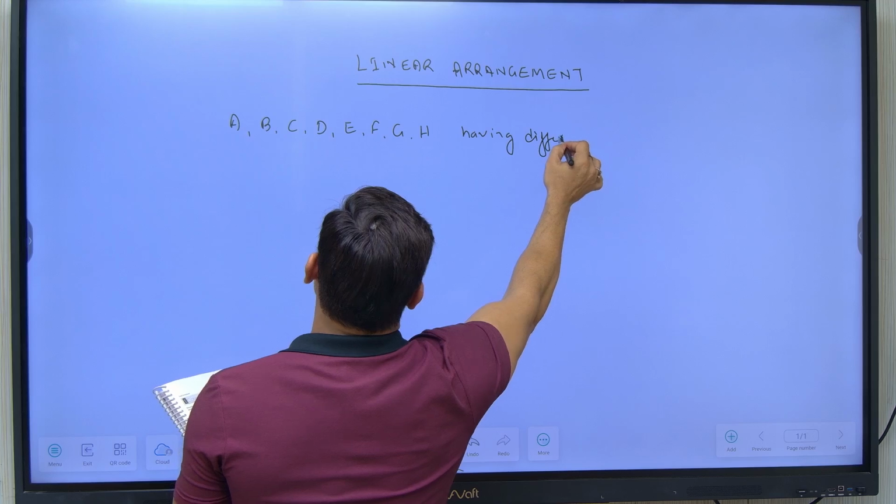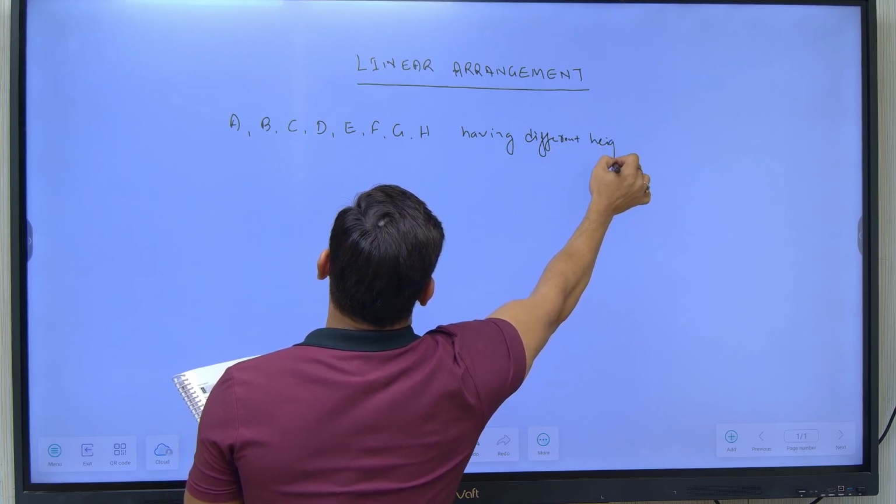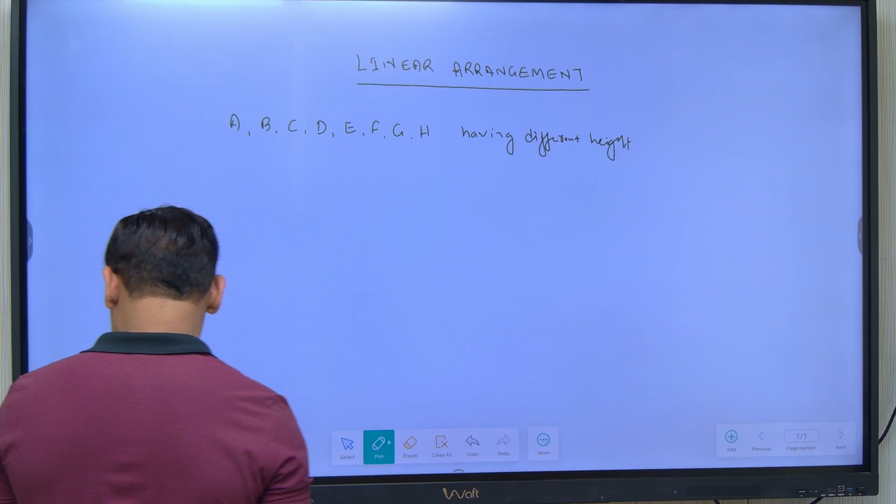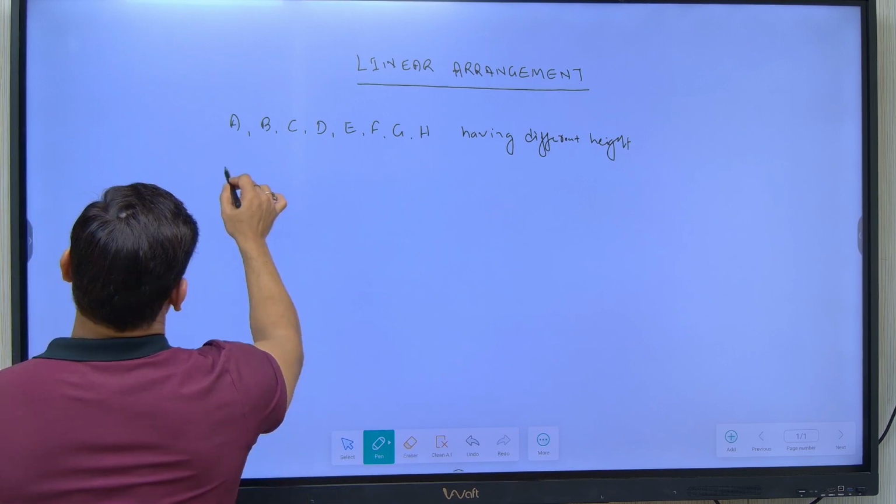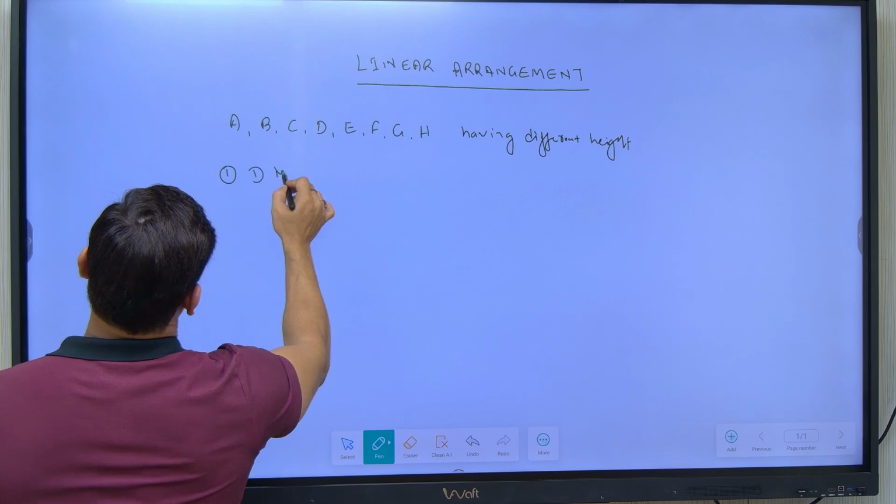All having different height. First point is D is shorter.